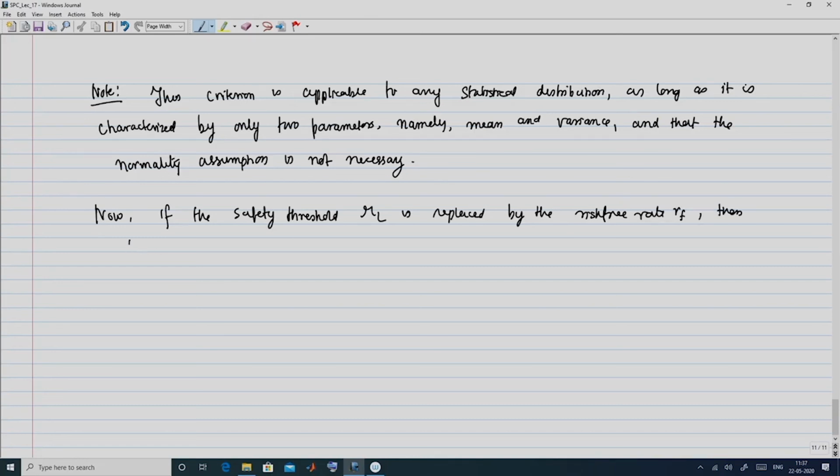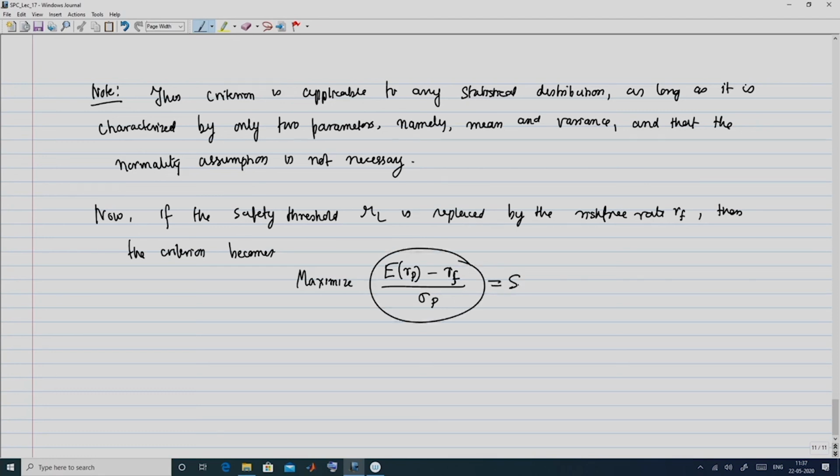Then the criterion becomes maximization of (E(RP) minus RL) over sigma p. So, now the RL becomes Rf, and what is this? This is equal to Sp, where Sp is the Sharpe ratio.